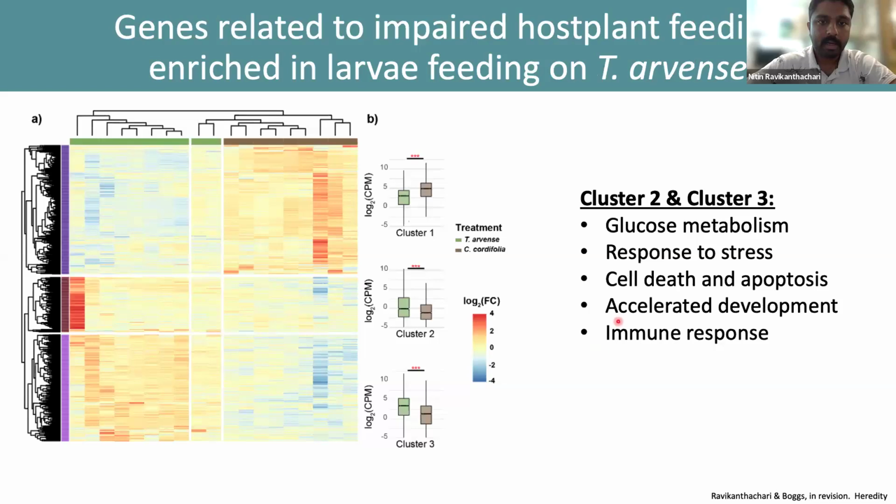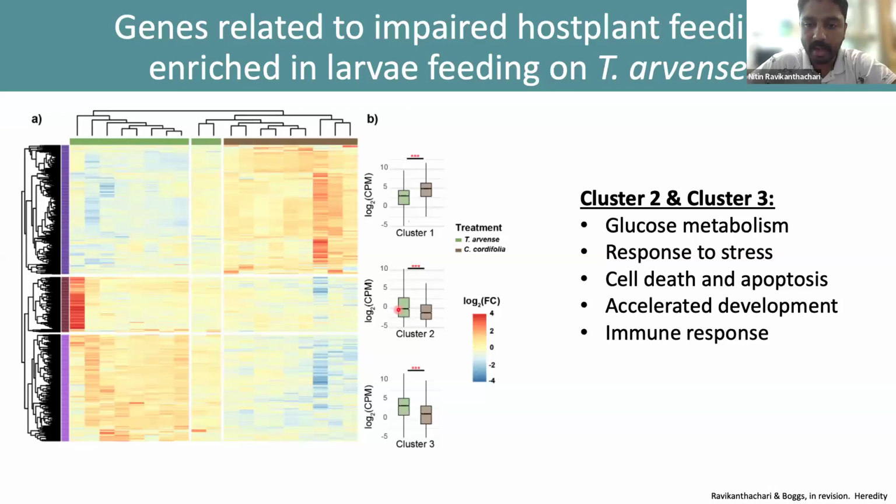When we looked at clusters 2 and 3, which were upregulated in larvae feeding on the invasive plant, we saw gene ontology terms enriched for glucose metabolism, which is breaking down simple sugars, maybe due to not being able to break down the plant compounds, and response to stress. They were exhibiting gene signatures of cell death and apoptosis, and they were also showing accelerated development.